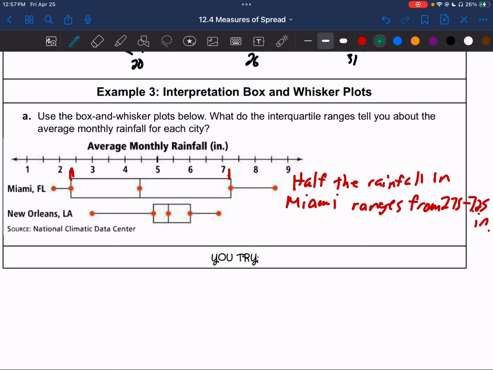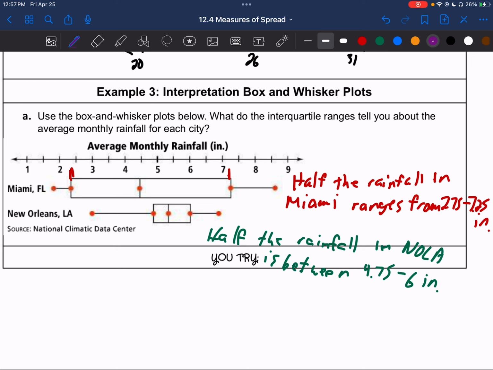What does the interquartile range tell us about New Orleans? Half the rainfall in NOLA is between, that one's going to be what, 4.75 approximately, and 6 inches. So we could also just look at the whole box and whisker.